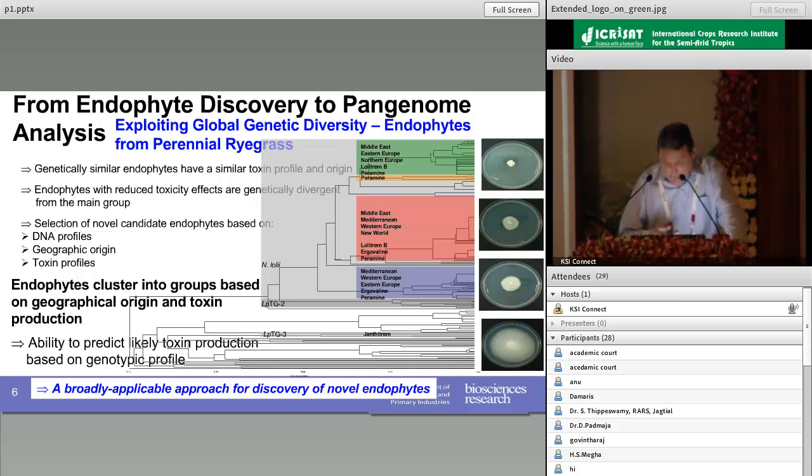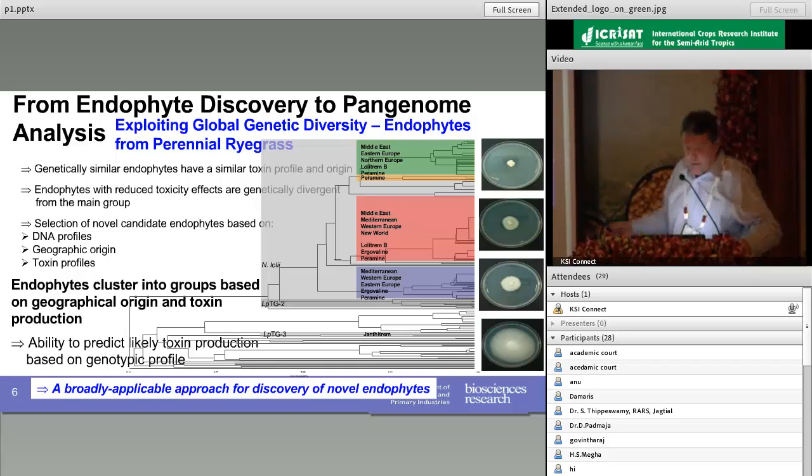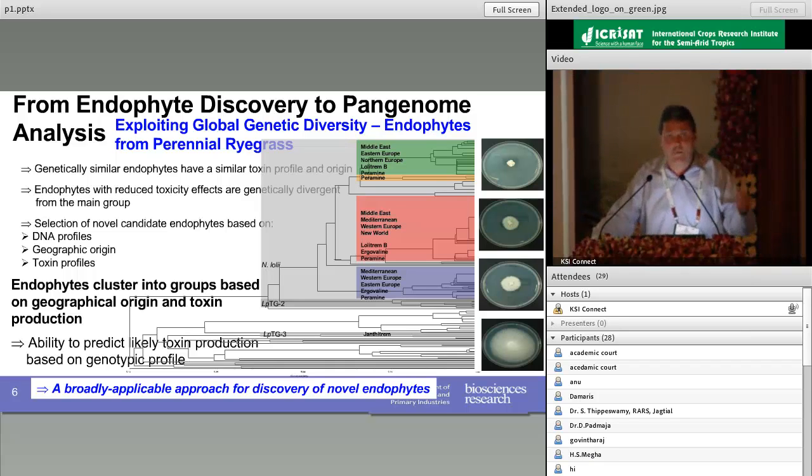And the example I'm illustrating here is, in a sense, exploiting global genetic diversity of fungal endophytes of perennial ryegrass. The way that we deal with that is on the one side with endophytes identified from genetic resources and seed collections of the host. We look at using molecular markers to detect the presence of the fungal endophytes, and what we find is that genetically similar endophytes will also have a similar bioactivity profile and origin.